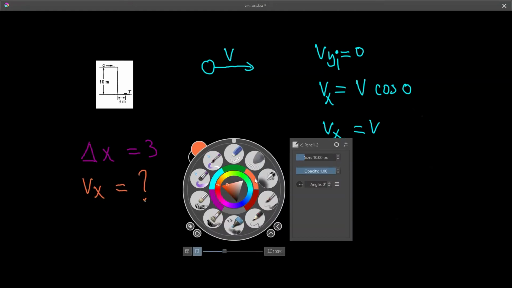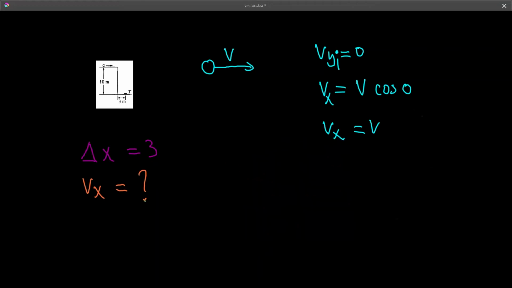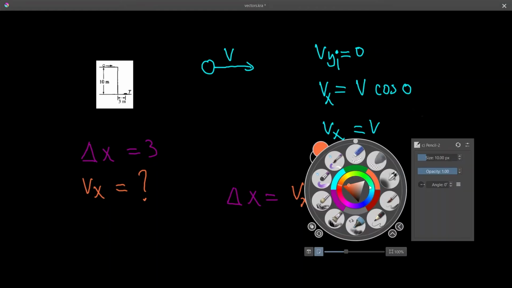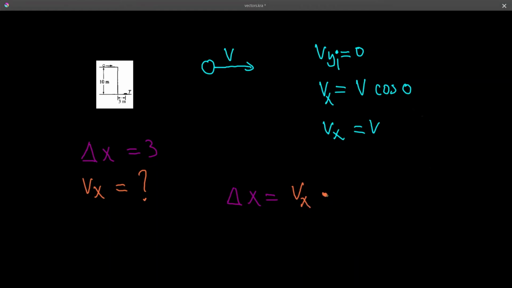So what I have to do is just use this formula: delta x is equivalent to Vx multiplied by time.